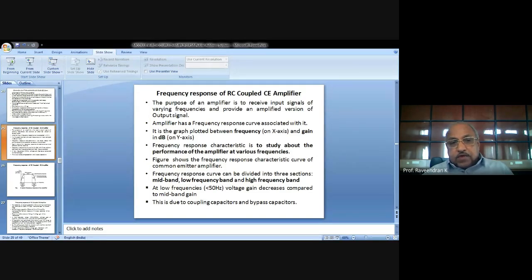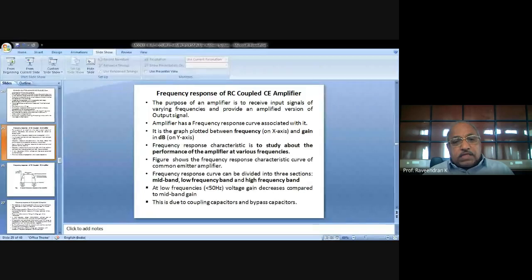Actually, what is this characteristic? It is the characteristic plotted between the frequency and the gain, whether voltage gain, current gain, or power gain. But here we have plotted the voltage gain on the y-axis and frequency on the x-axis.